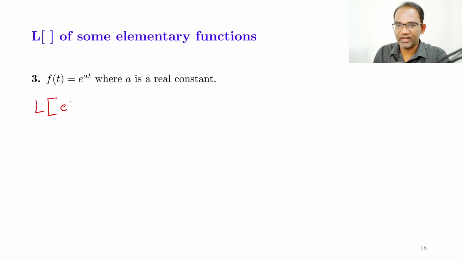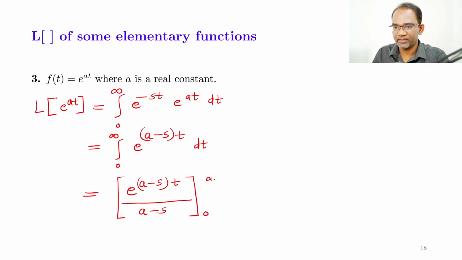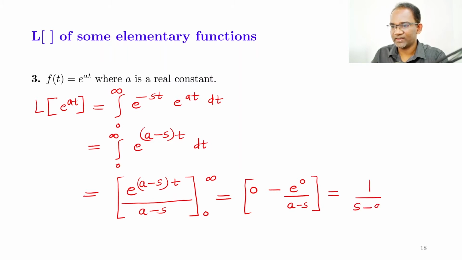Proceeding as before, we have L of e raised to at, and this is equal to the integral 0 to infinity of e raised to minus st e raised to at dt, and this is equal to the integral 0 to infinity of e raised to a minus s times t dt, and this is equal to e raised to a minus s times t over a minus s from 0 to infinity, and this is equal to 0 minus e raised to 0 over a minus s, and this is equal to 1 over s minus a.